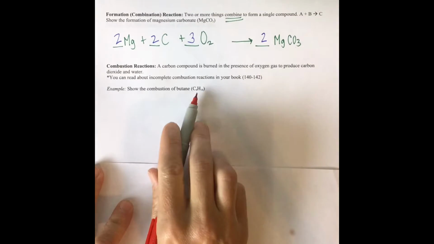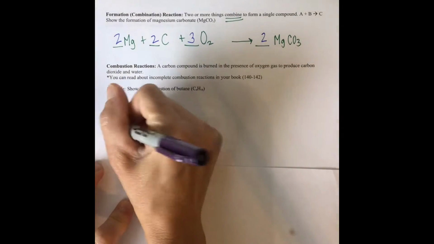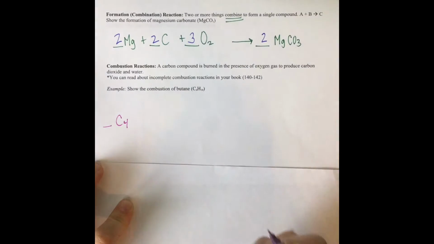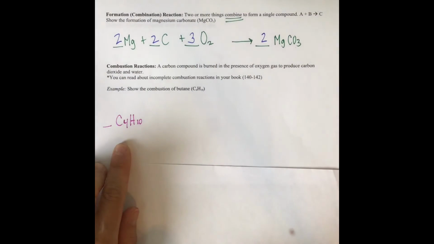So I want you to show the combustion of butane, and I gave you the formula here. So butane is C4H10. Now, combustion reactions can be tricky and simple all at the same time.